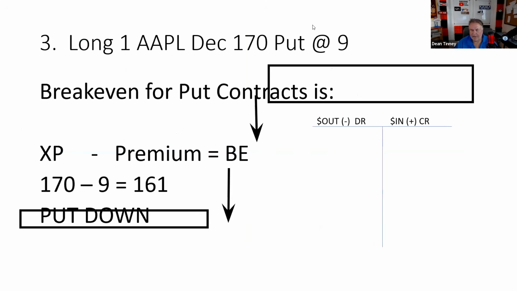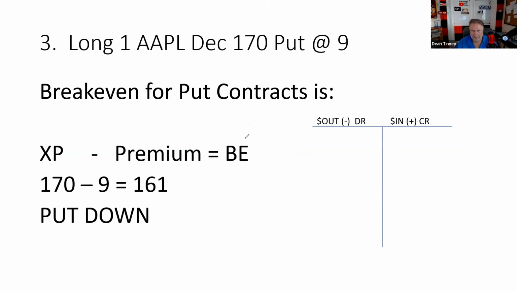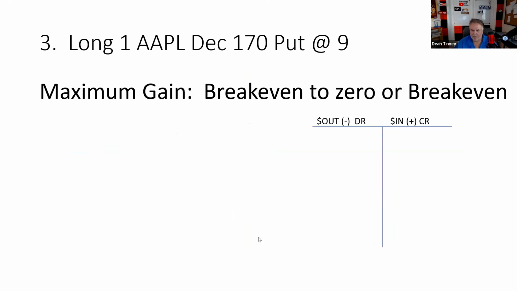We've established our break even here. As we said, nobody does things to break even. People do things to make money. So our maximum gain. So I have paid 9 points to be able to stick it to somebody, put it to somebody at 170.